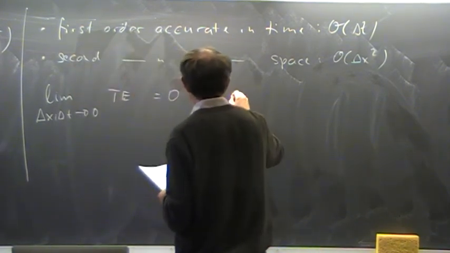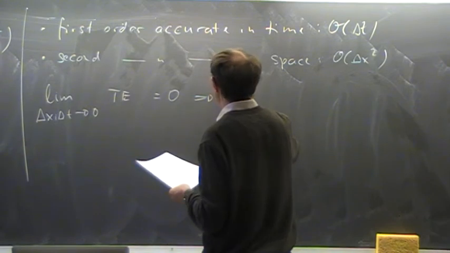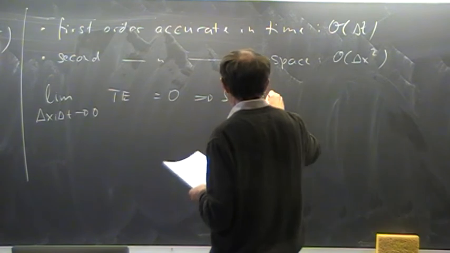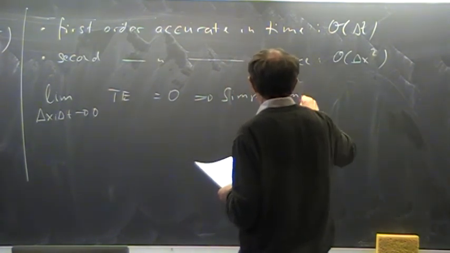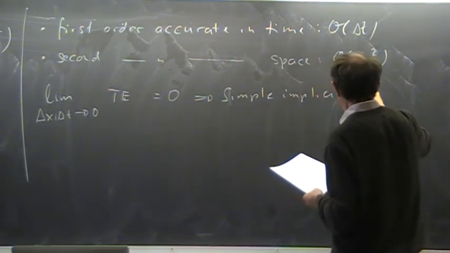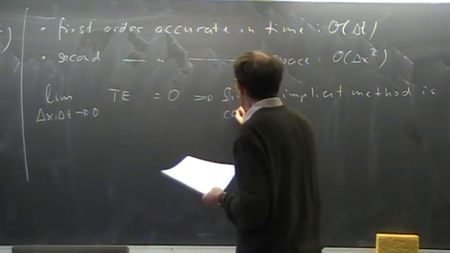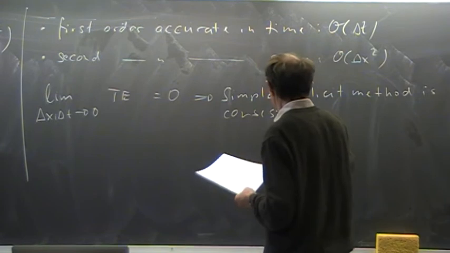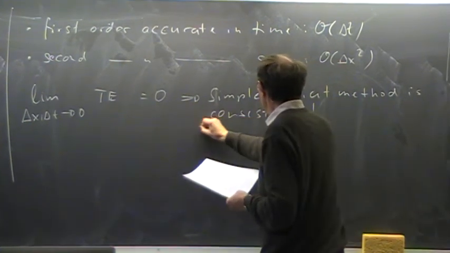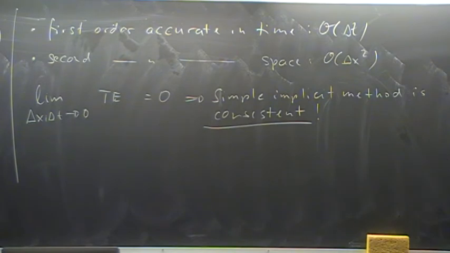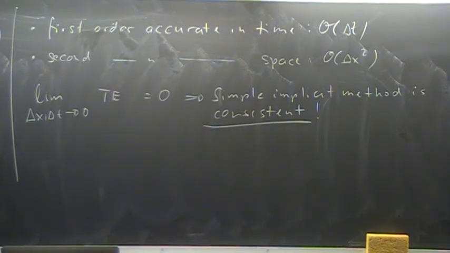And that means that the method that we considered here, so the simple implicit method, is consistent. So then we have established that. And then the next step is stability.